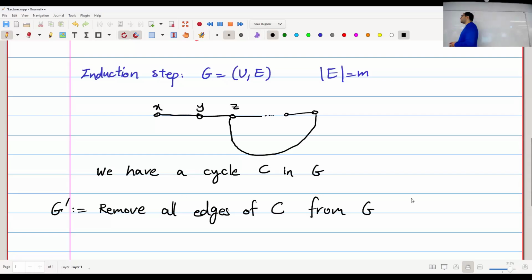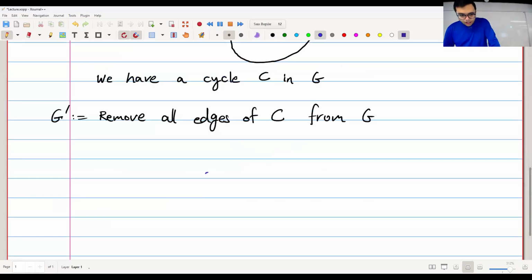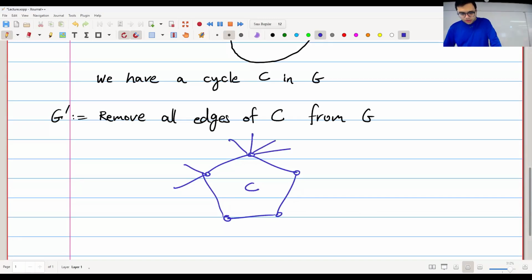What can I say about this graph G prime? Well, the degree of every vertex in G prime is also even, right? Because the degree of every vertex was even originally, and then I took a cycle. Let's say this was my cycle. This is my cycle C, and the degree of every vertex was even, right? Maybe some of them had edges outside of the cycle, maybe some of them didn't. But in any case, I'm just removing the edges that appeared in this cycle.